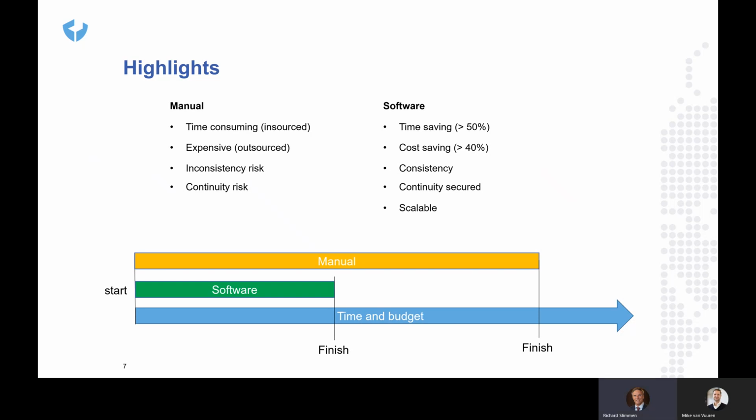So now we've elaborated on all differences between the manual and software process. So Richard, in your opinion, which difference matters most? Well, I think being a TP expert, I believe that from a transfer pricing conceptual perspective, risk mitigation should be the highest importance.